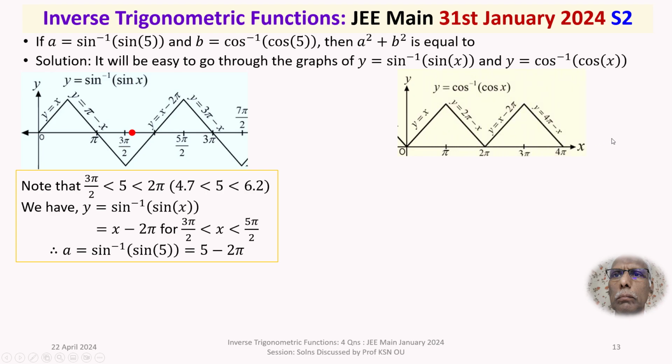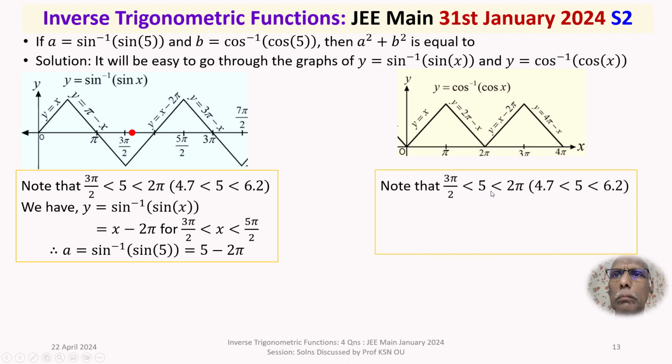So let's go to y is equal to cos inverse of cos x. It's again like this. Between 0 to pi, y is x. Between pi to 2 pi, y is equal to 2 pi minus x. Between 2 pi and 3 pi, y is x minus 2 pi, and it goes on like that. Again, you observe that 5 lies between 3 pi by 2 to 2 pi. And between pi and 2 pi, y is 2 pi minus x.